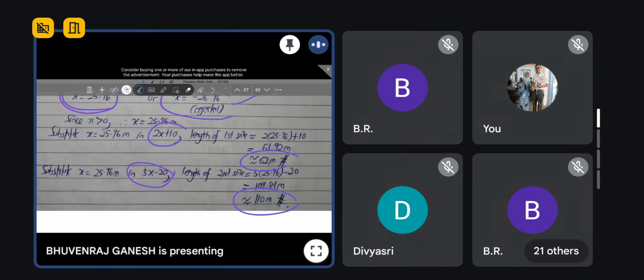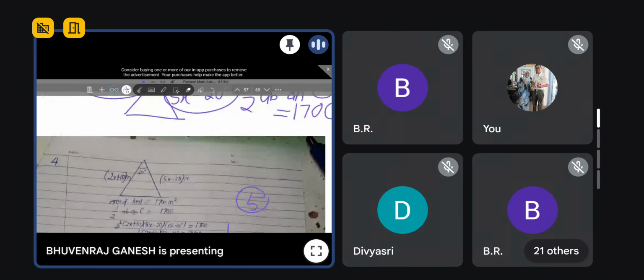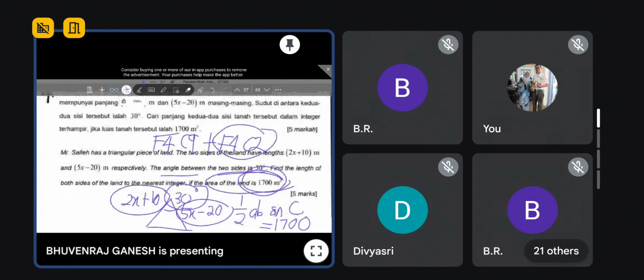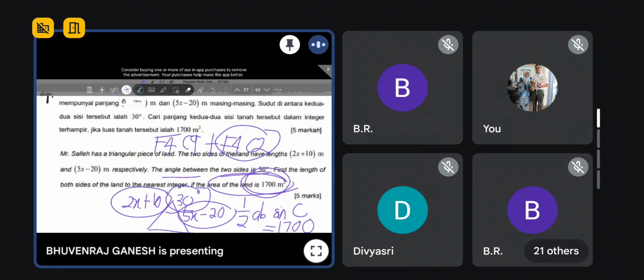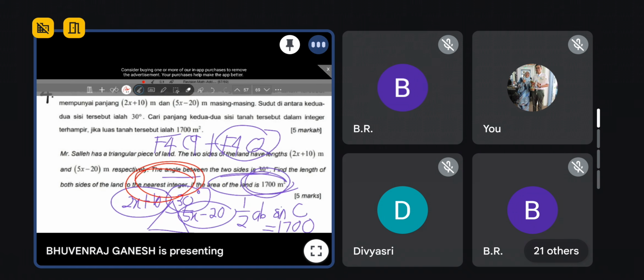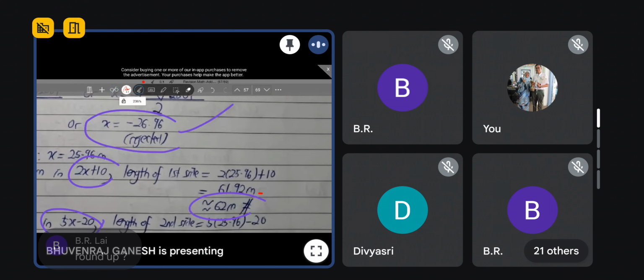So guys, got one important thing here. If you read the question properly, a lot of people might miss out on here. Yes, this one. Guys, do you see this part? Kepada integer terdekat, to the nearest integer. So guys, if I leave my answer over here, do I get full marks?